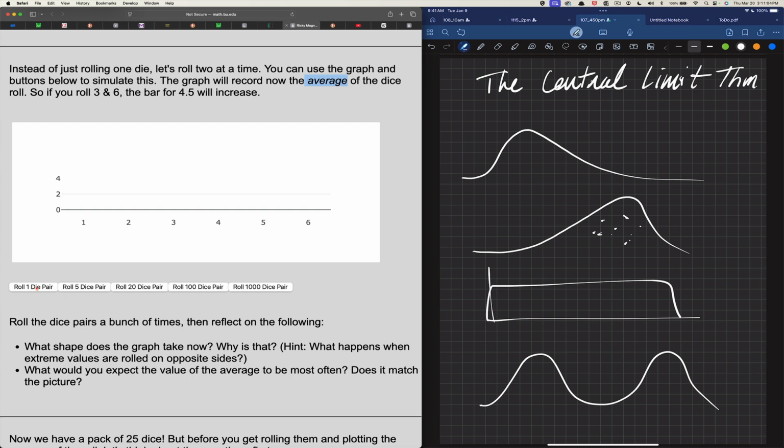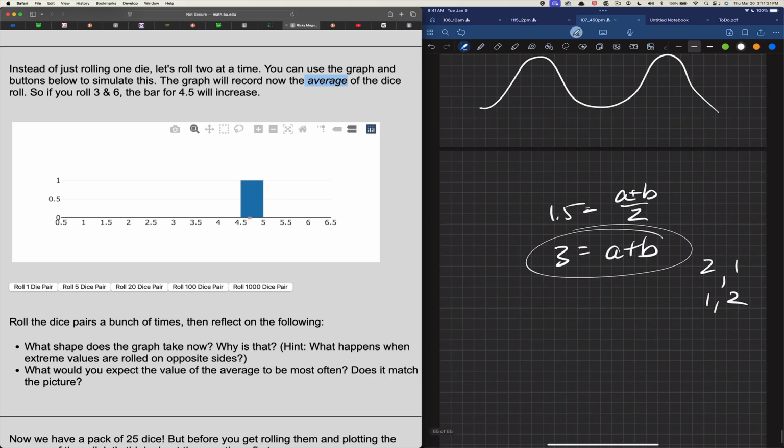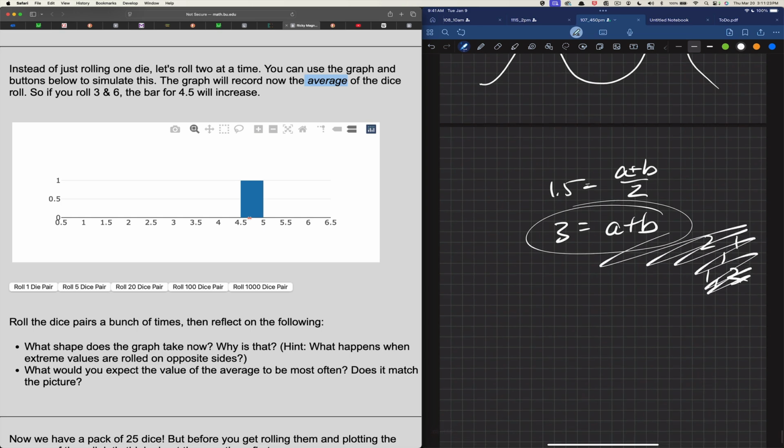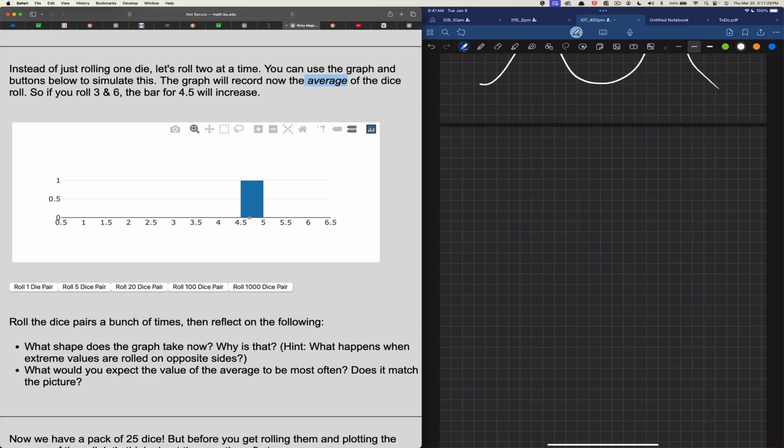And so I'm going to roll 1 pair of dice, or pair of die, however you want to say it. And I get a 4.5. So that must have been like a 5 and a 4, right? There are probably multiple ways to get a 4.5. I'll show you how you could calculate what those possible rolls are, not that it matters to you.